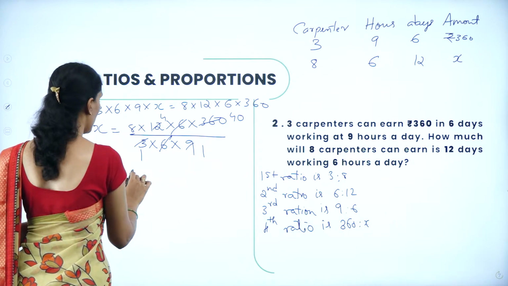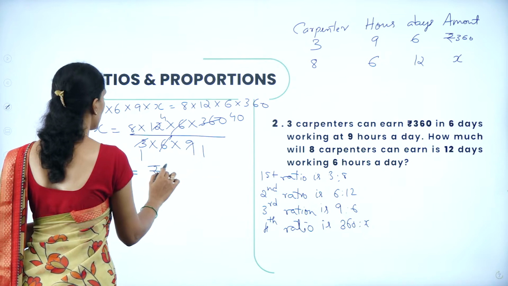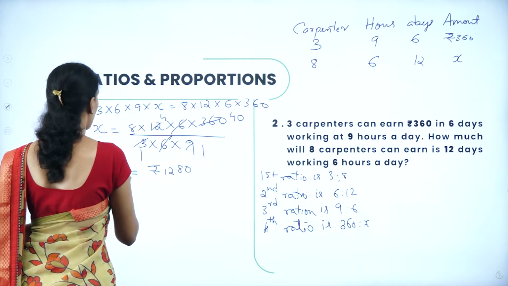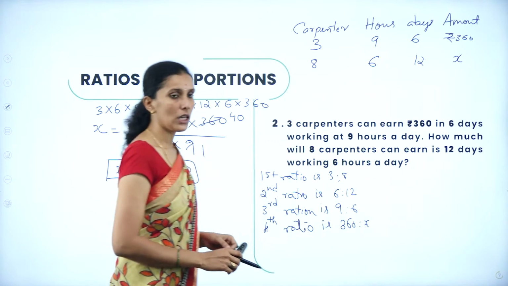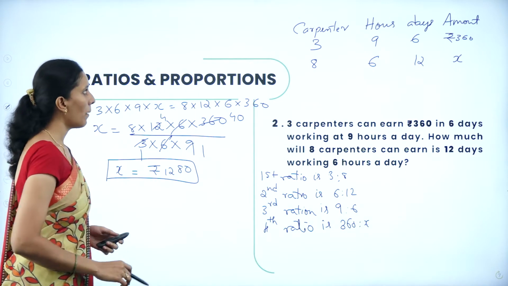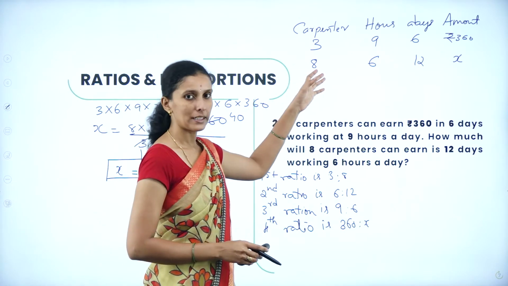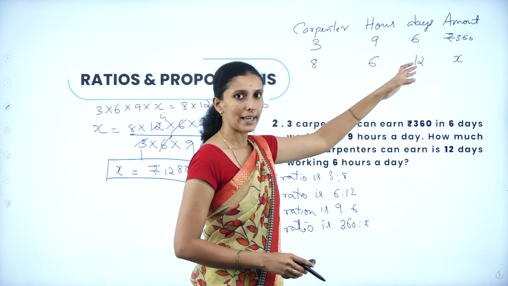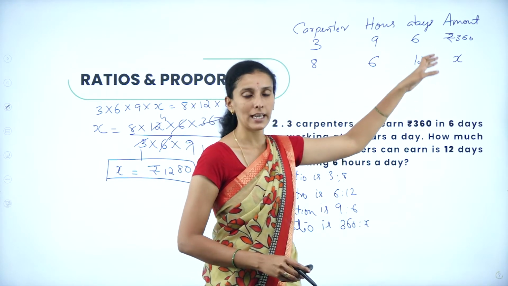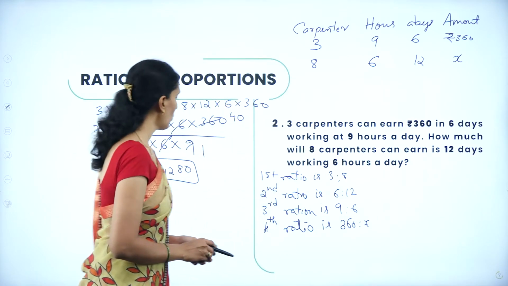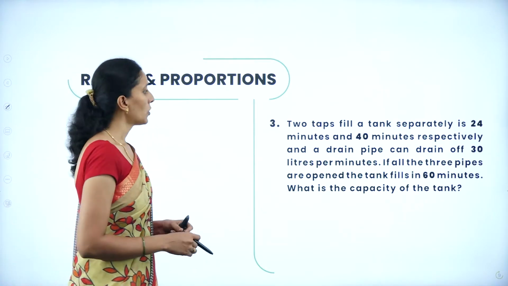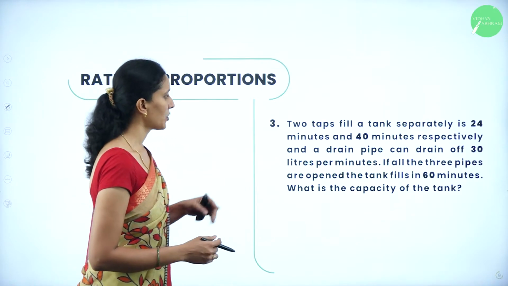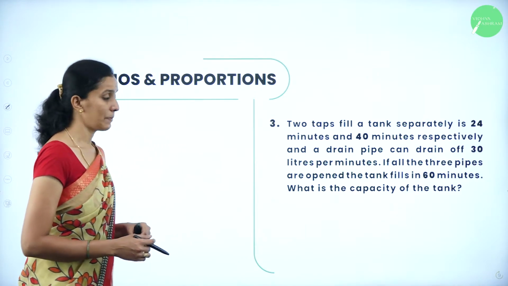So when you multiply, you will get x as rupees 1280, because all these ratios vary inversely with the amount. So the amount for 8 carpenters working for 12 days for 6 hours in a day, they'll get 1280 rupees.